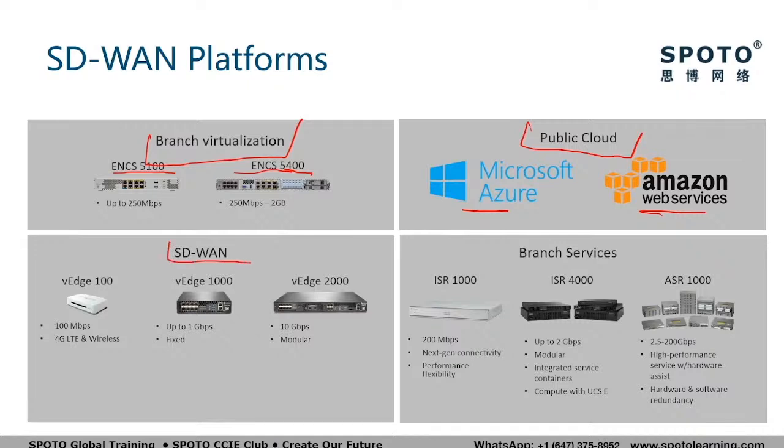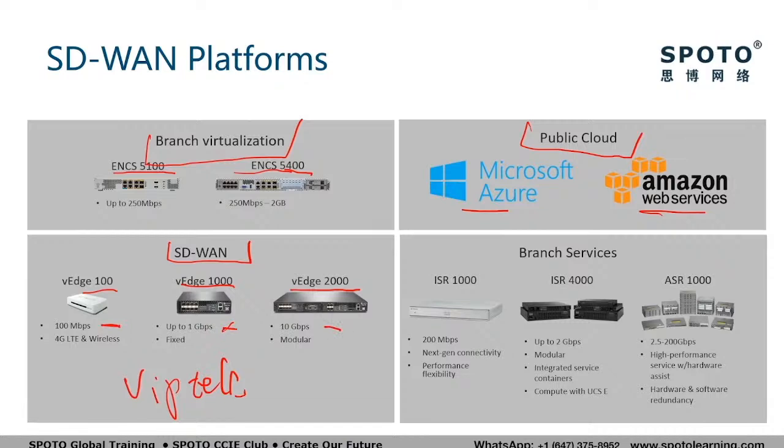The third one is the SD-WAN hardware appliance. This is Viptela. This is Viptela hardware. It has vEdge 100, 1000, and 2000 series. They just have different throughput. Similar software functionality, but different hardware throughput.